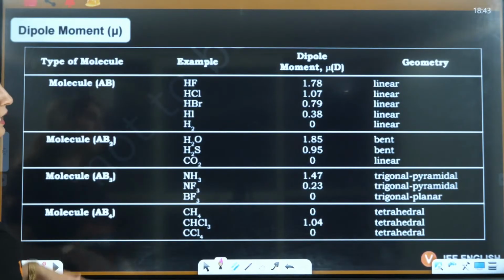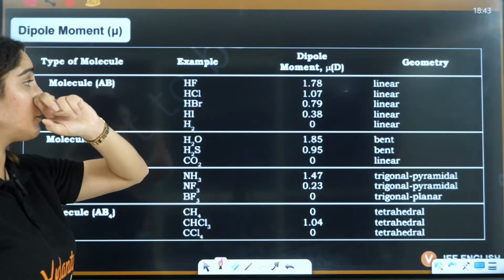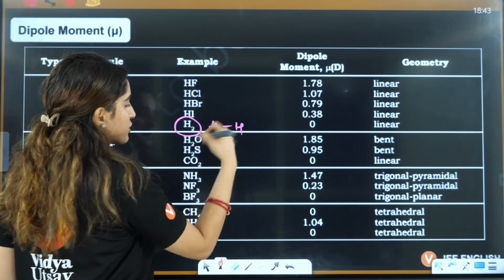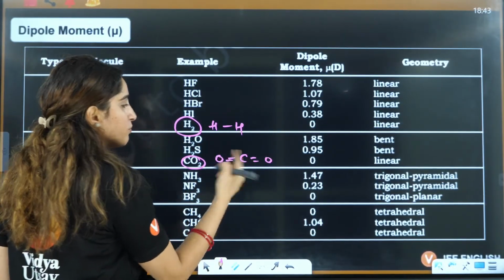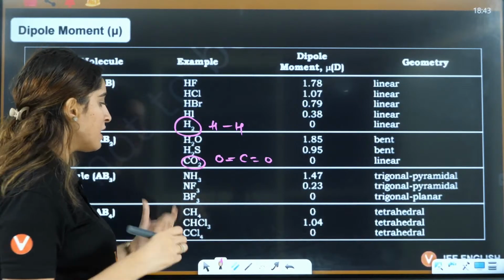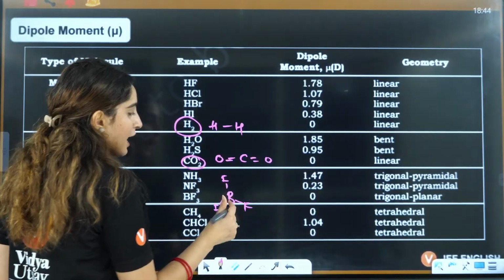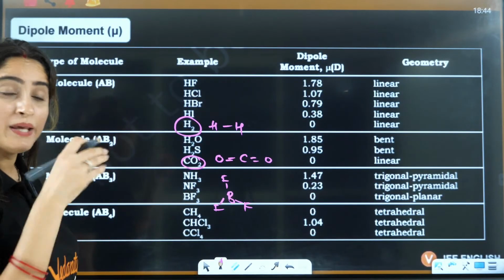Right everybody? And this way you can see different examples and whether their mu is 0, like you have H2 where you have linear shape and that is going to be 0. In CO2 you have a linear shape, so both are the same, so it is going to be 0. In BF3 you have trigonal, but in that case the resultant is going to cancel the dipole of BF, right?